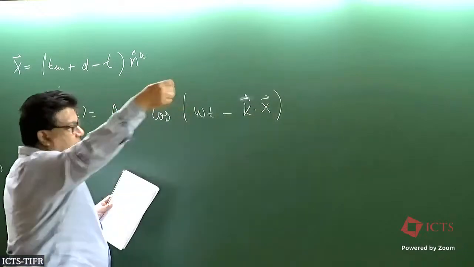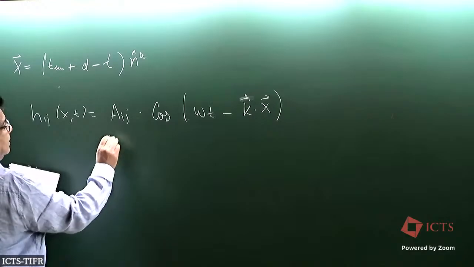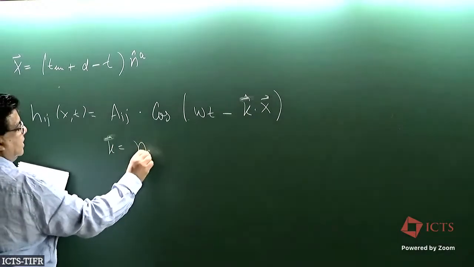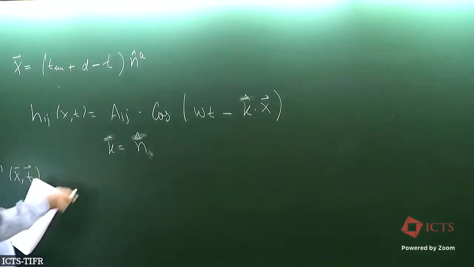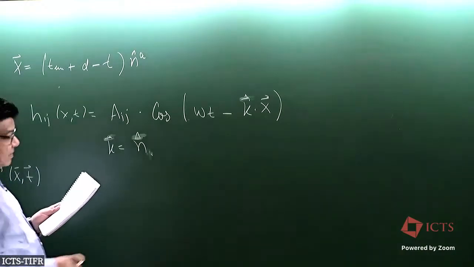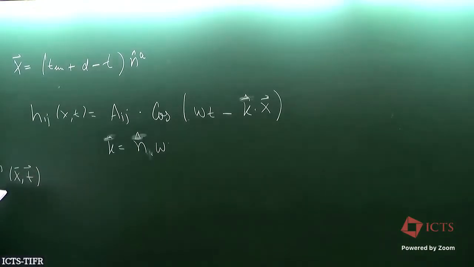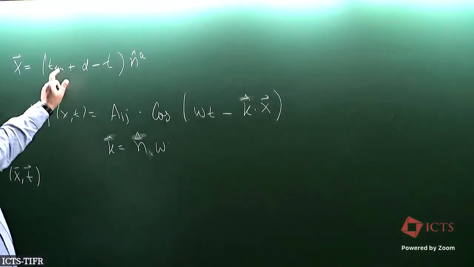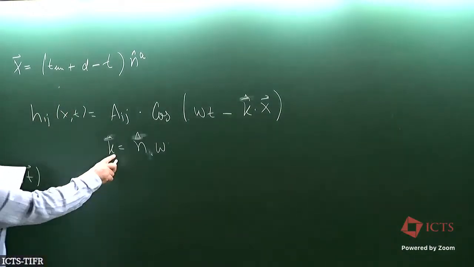So this x is on the path length of this beam, which is integrated over, and k is just the direction of the graviton, which is an independent direction. This is not an a, okay, times the frequency. So I substitute x from there and write k as this.